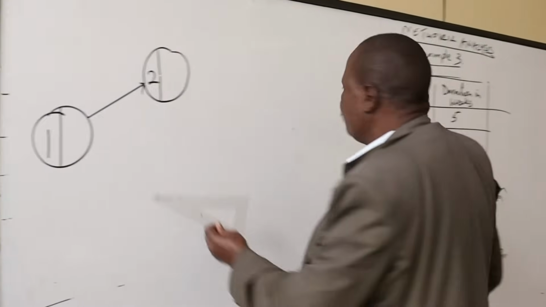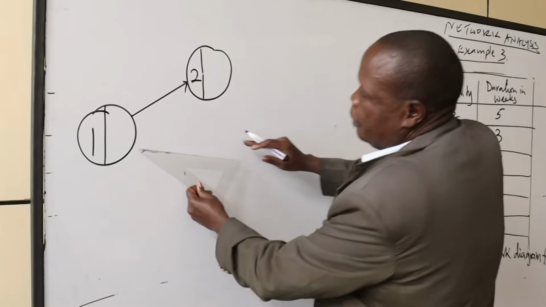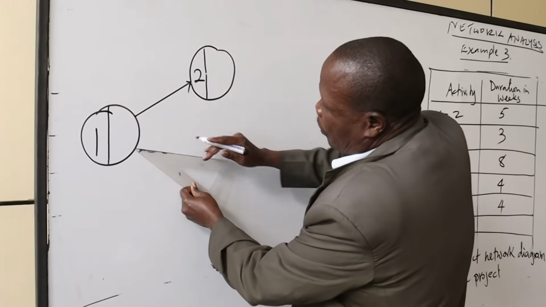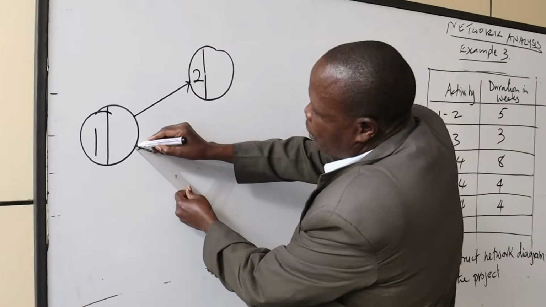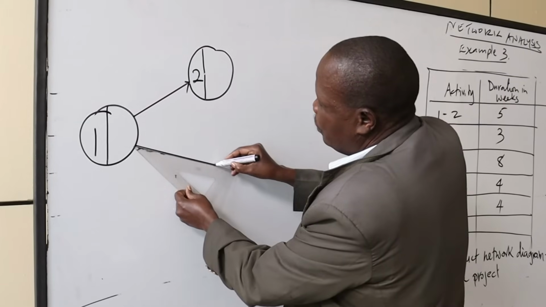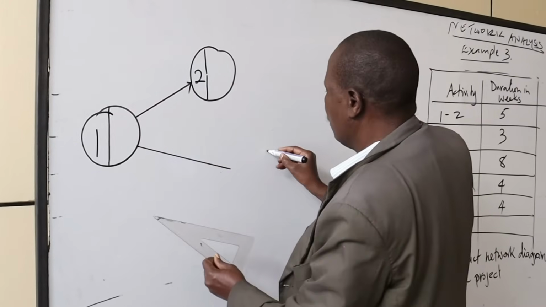1 to 2, then 1 to 3. You draw this, 1 to 3.